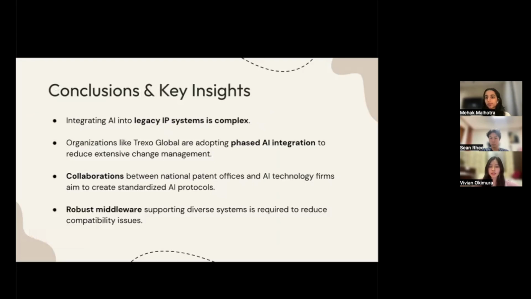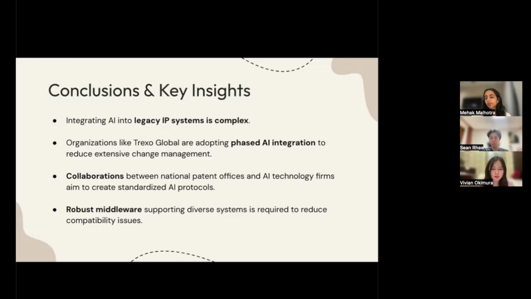Conclusions and key insights. Integrating AI into legacy IP systems is complex due to legacy code and infrastructures requiring system updates and compatibility adjustments. Companies like Trexo Global are adopting phased AI integration, starting with non-critical processes to minimize disruption and manage change efficiently.